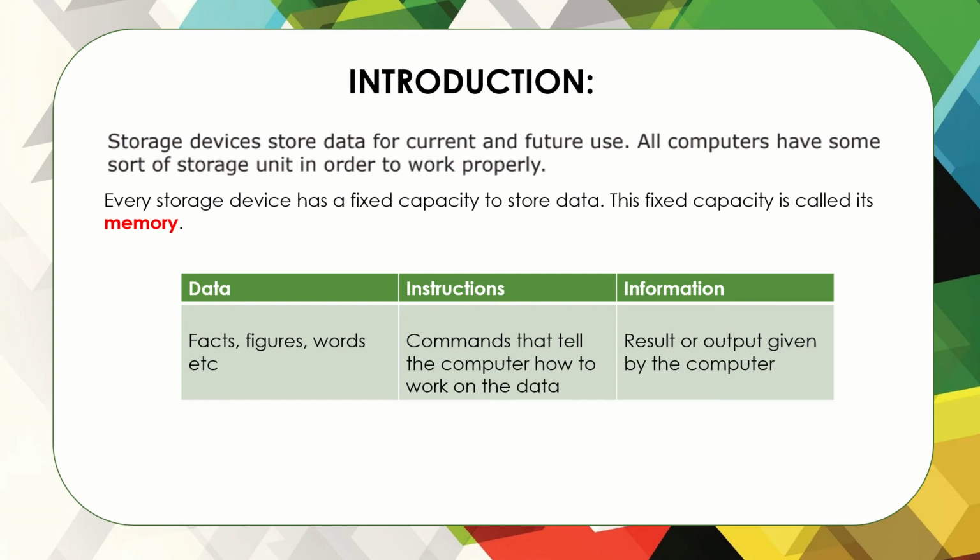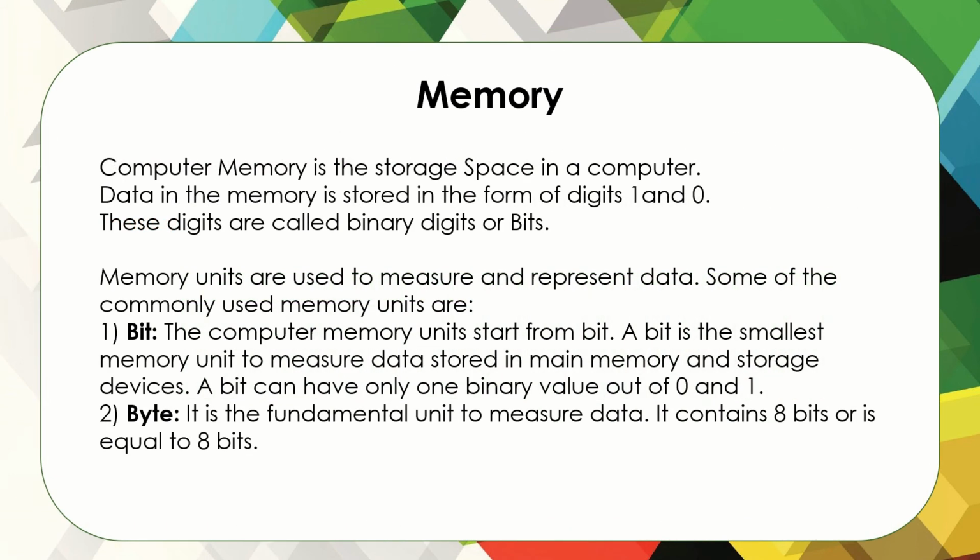A number of bits together are used to store the instructions by their combinations. Got it? We have discussed the use of memory, to store data, instructions, and information, and we have also discussed bits. So now you are aware of bits.